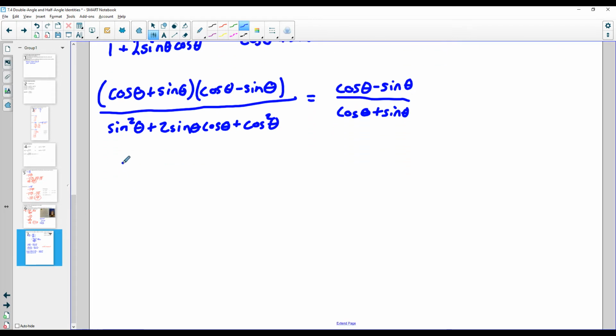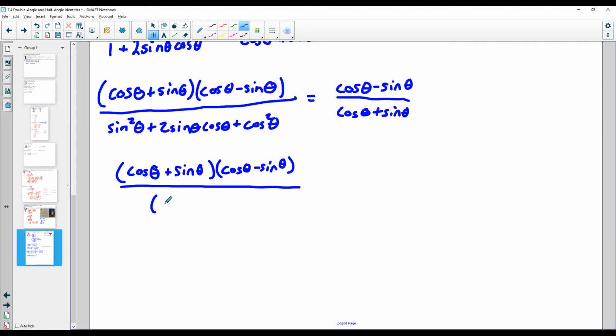Now we could factor the bottom. Sorry, it takes a while to rewrite all of this. We can factor the bottom. That's going to be sine theta plus cosine of theta squared. Hey, that's going to cancel with one of those, right?